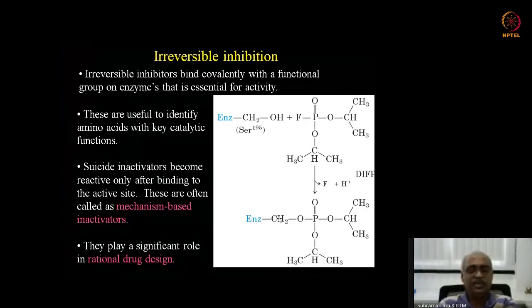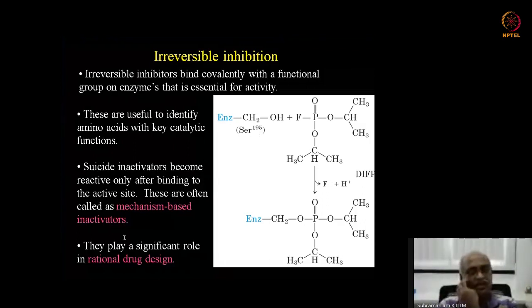Here you are not going to be able to reverse or change the kinetics by increasing the substrate. So these help us get at the mechanism of the reaction. For example, this helps in identifying that serine is the residue at the active site participating in the reaction.